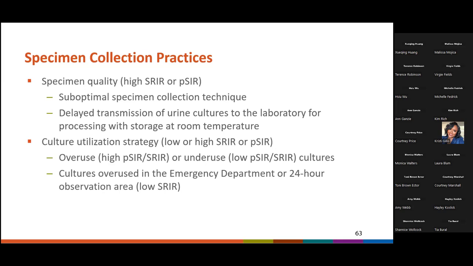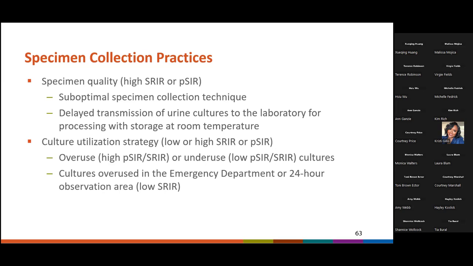Second, because AR Option events are essentially positive cultures, the incidence of events can be biased if specimen collection practices deviate from standard of care. Examples include, but are not limited to, collecting urine cultures from the urinary bag instead of from the port of the catheter, or delaying transmission of urine cultures at room temperature, which results in overgrowth.